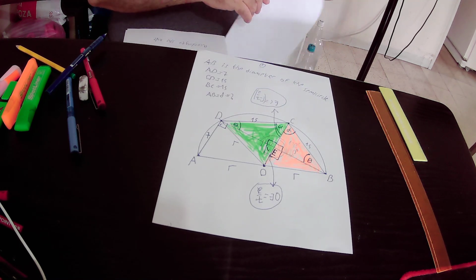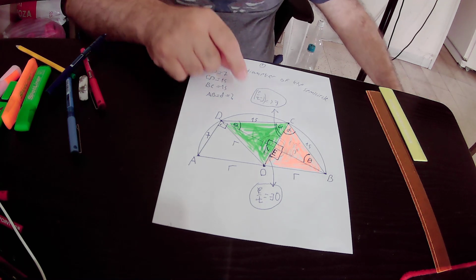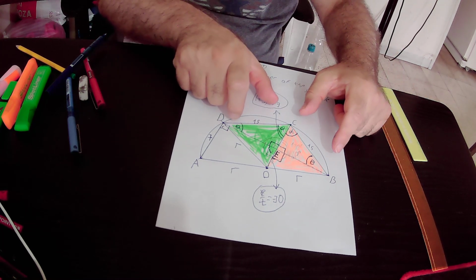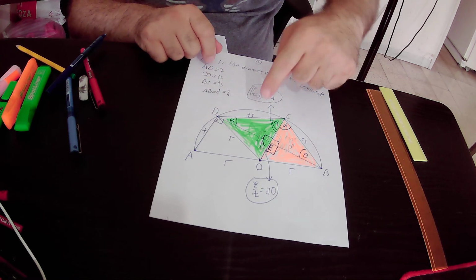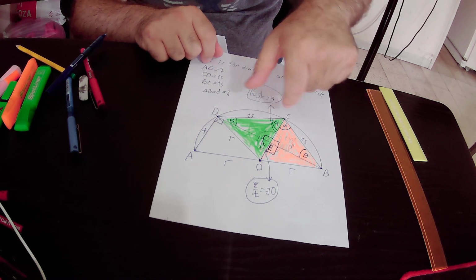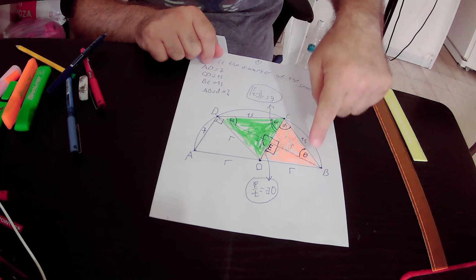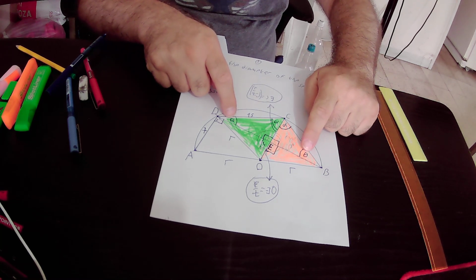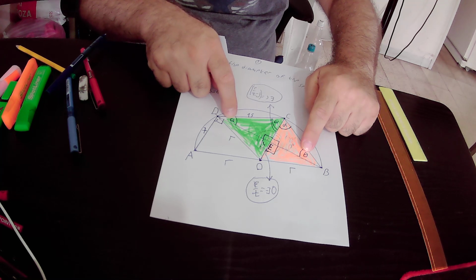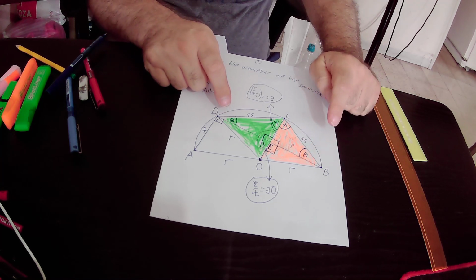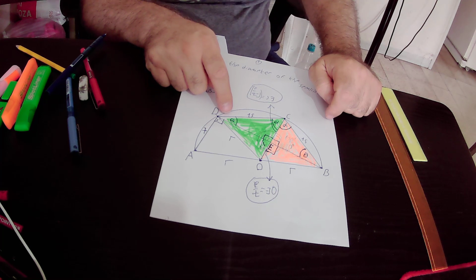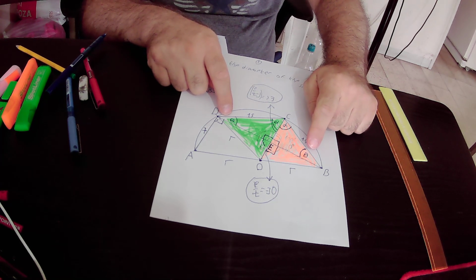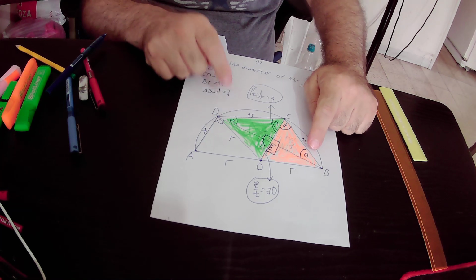So in triangle DCB, this triangle, we have two sides that are equal to each other. Therefore, in front of this side we have this angle, and in front of this side we have this angle. So those two angles are also equal to each other according to rule number 2. And if we define one angle as theta, then the other angle must also be equal to theta, because they are equal to each other.